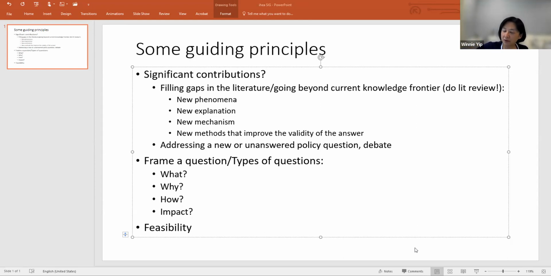And please do not be confounded by thinking sophisticated method means better question. No, they're separate things. In fact, a new question quite often can be answered with simple descriptive analysis. But I want to say a few words about this what question. I have students coming to my office, I have received papers where the purpose of this paper is to look at what affects this outcome.